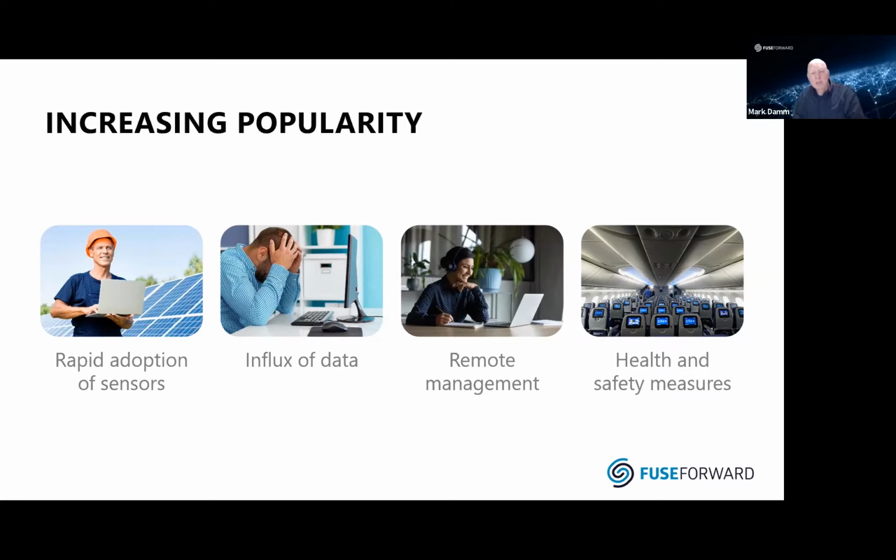And part of that, when we look at remote management, leads us into health and safety measures. The more we can decrease people in the field when they don't need to be there, and have digital twins help make those decisions, the less contact and virus spread we're going to have.